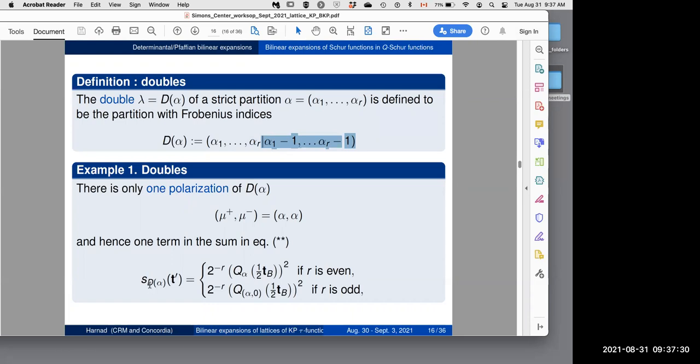The Schur function for a double, where alpha is a strict partition and d of alpha is its double, is equal to the square of the Q-Schur function for alpha with 1/2 t, if it's even, and similarly if it's odd. This identity can be found in MacDonald's book, and it is a very special case of the previous identity. So that's the first example.